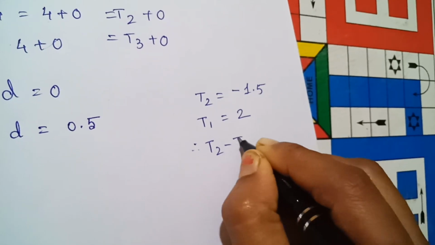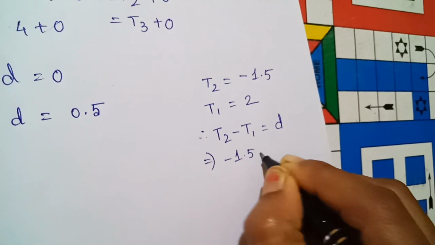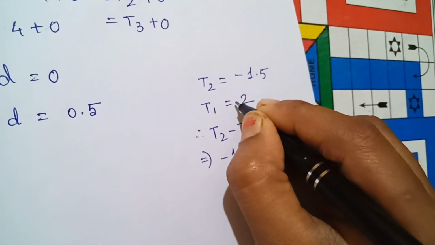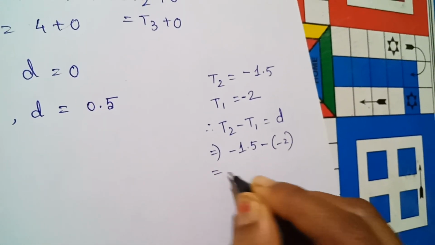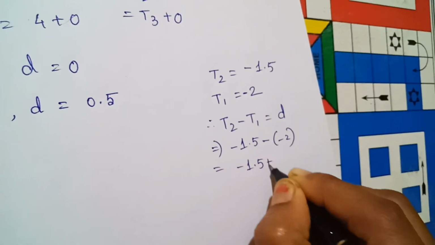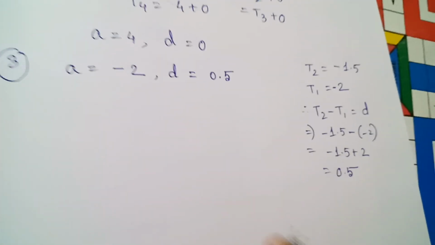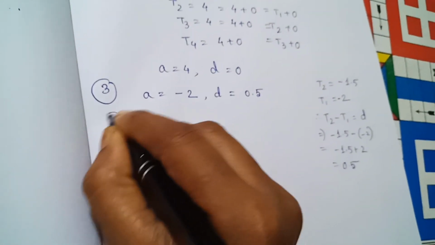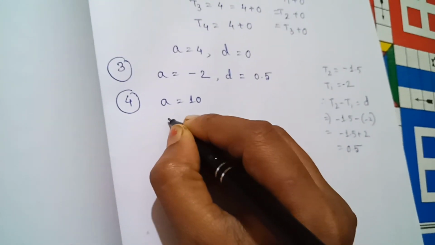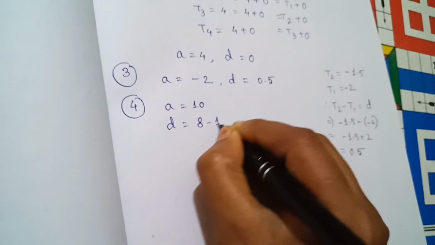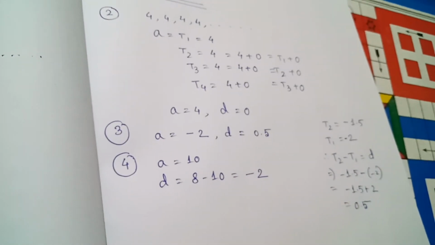So T2 minus T1 equals D. That means minus 1.5 minus of minus 2. That means minus 1.5 plus 2, it's 0.5. Okay, so this is the calculation for number 3. Number 4, A equals 10, D equals 8 minus 10, that means minus 2. Okay.